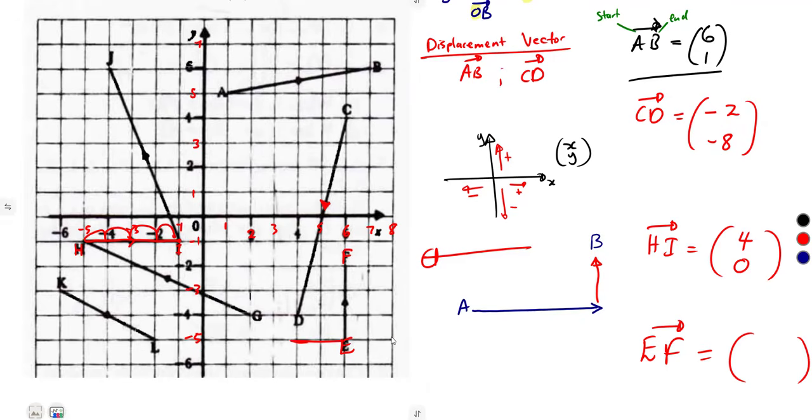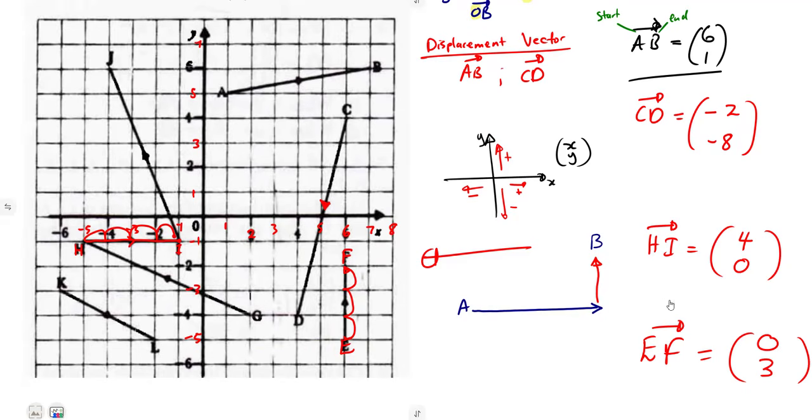So we cannot move anyway going to the right or going to the left because F is where E is on the same line. So in the X-axis, there is no movement. But there is a movement in the Y-axis from E going to F. That's a vertical line. So that's vertically up. 1, 2, 3. 3 units going up. So that's a positive. They're going up. 3 units going up. So that's our vector EF.